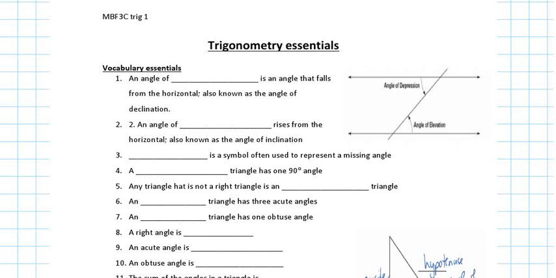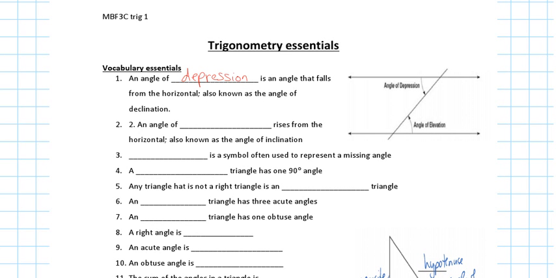Look at the picture. So you have the horizontal, and it falls from the horizontal. Depression. So the angle of depression is always measured from the horizontal line.